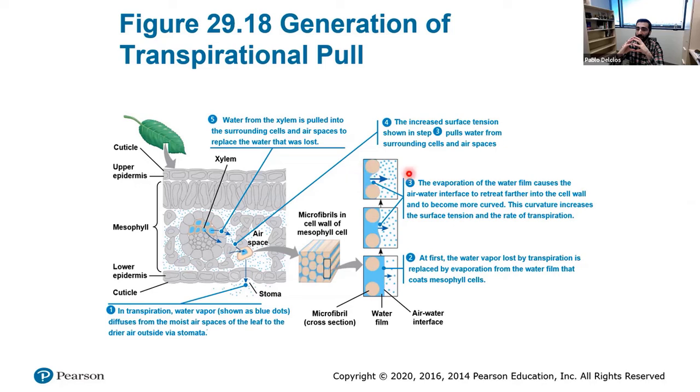And so water, because of its cohesive properties, which I'll talk about in a second, replaces that water that has evaporated. And this starts that chain reaction throughout the whole plant until you get to the source of that water. Water comes from the roots of the plants, from the bottom, and in the end, the empty pockets of waterless space in the roots get filled up by environmental water outside of the plant.